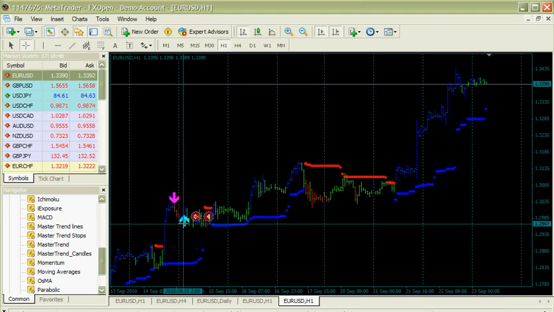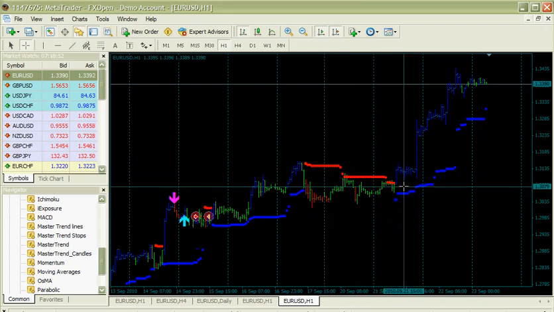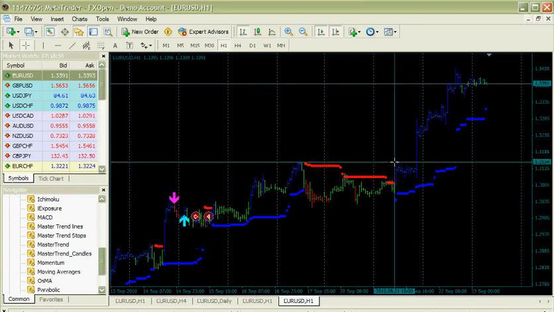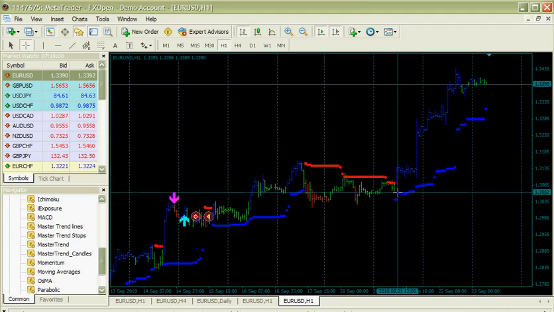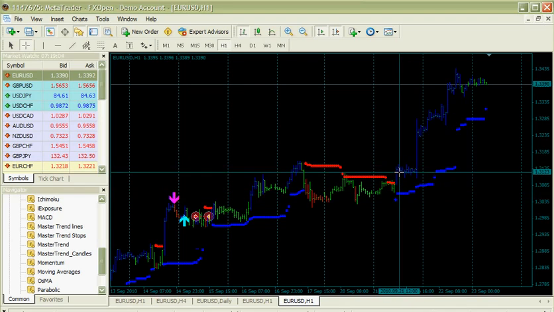Here we're getting a buy arrow and red dots, so we're not using this area for any trades. We're going to wait here till we start seeing blue dots. Once we see blue dots again, that means it's our second chance of entering the trade. So we're going to enter another trade here, go buy, and as you see, the trade ended up with 310 points, which is not bad at all for a trade.